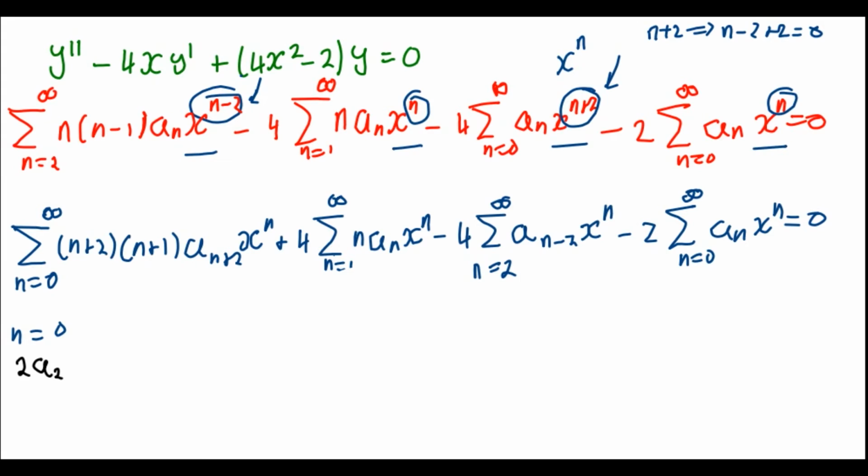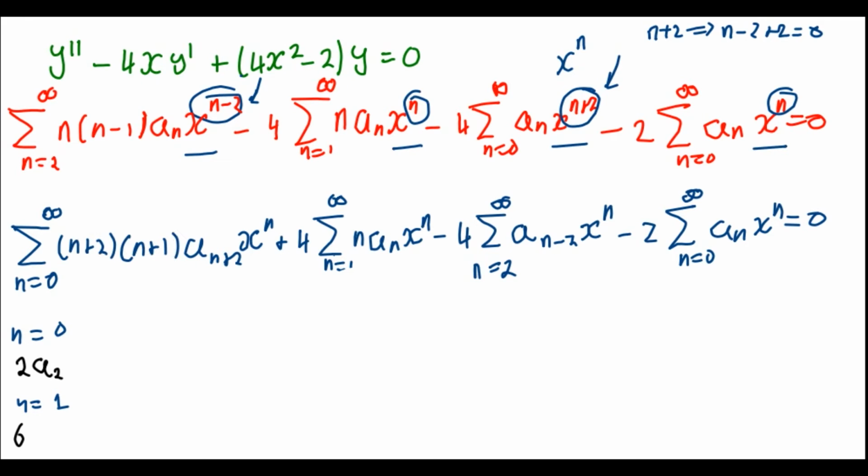Then what if my n is equals to 1? What do we get? Plug in 1 there, 1 there, 1 there, and 1 there. This is going to be a 6, because I'm going to get a 3 and a 2 here, so when you multiply them, you get a 6.